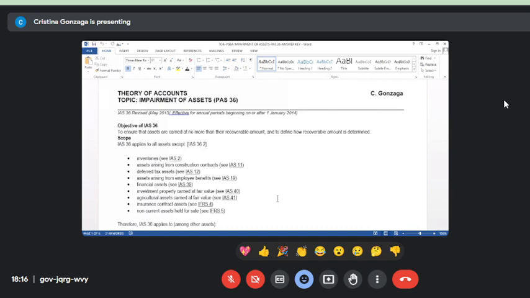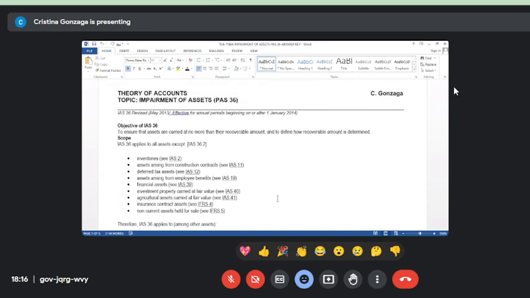So these non-living things, property, plant and equipment, inventories, assets arising from construction contracts, financial assets, agricultural assets, investment property, which will be our next lesson, and even non-current assets held for sale, they are all subject to impairment.